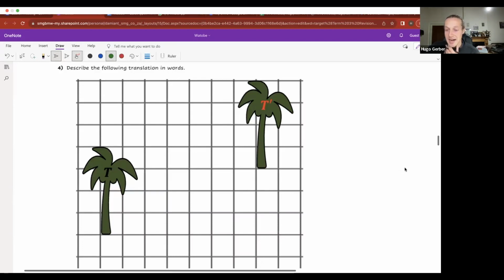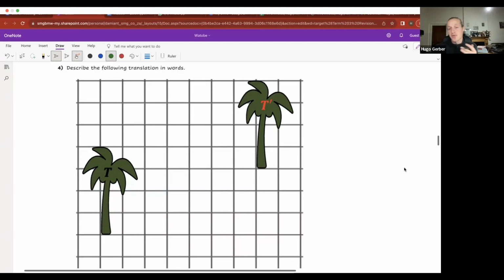So what I said, guys, and please this time listen up carefully and make the note. Forget about what's on the screen currently. Make this note in your book. When they ask you to describe a translation like they're asking us now on the screen, remember you need to describe the translation from the original shape, which is shown as T, to T prime, which is the shape that moved.